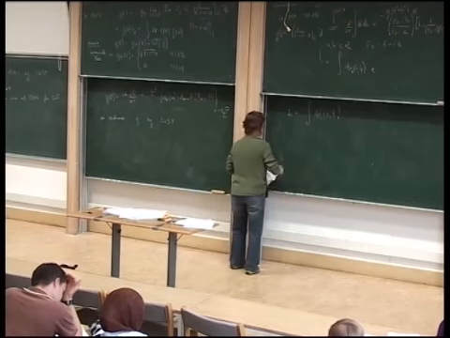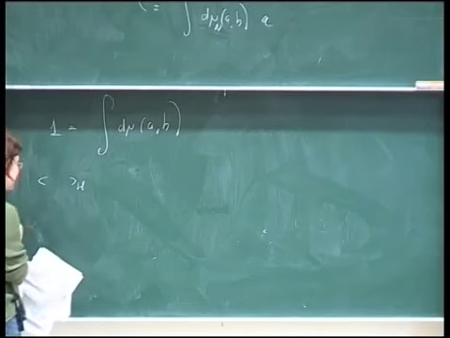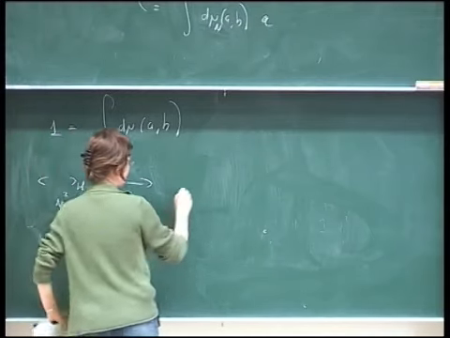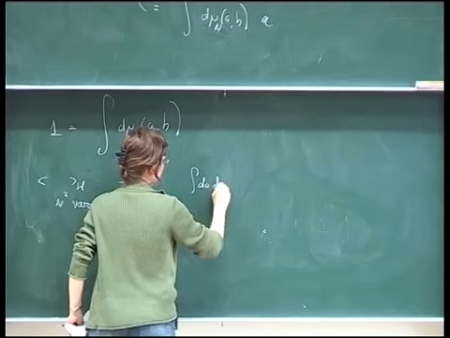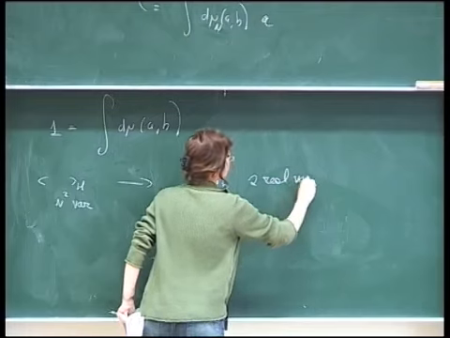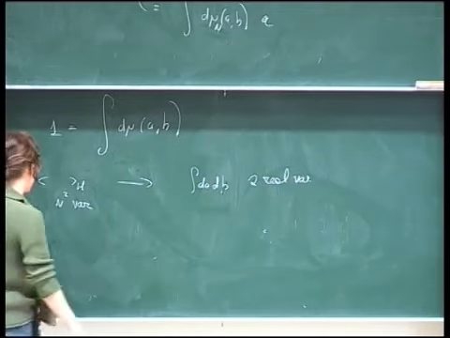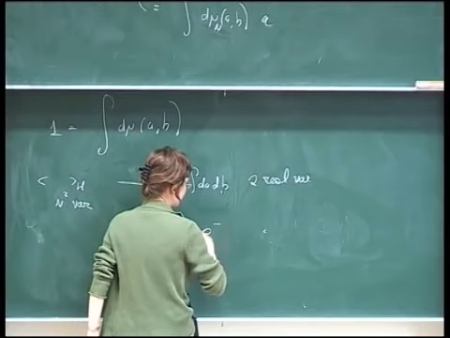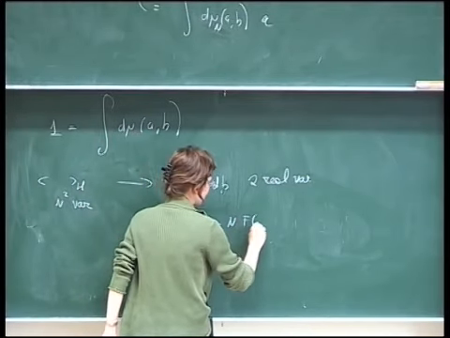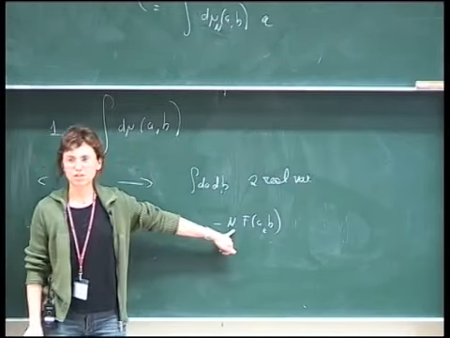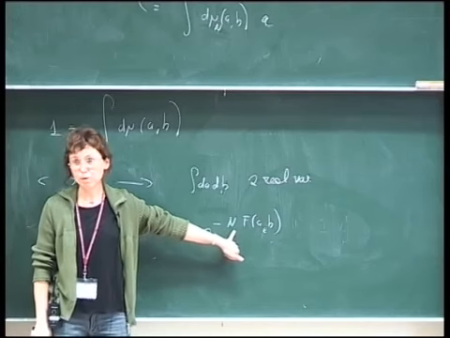So, we started from an integral over H with n squared variables, and we ended up with an integral over dA dB that is just 2 real variables. And moreover, here we had something we didn't know how to compute, and here we have an expression which is e to the minus n times a function of A and B. And n is large, so we will be able to justify a saddle point analysis.